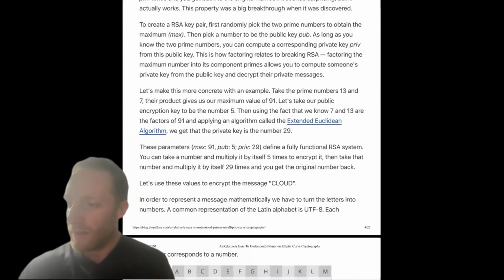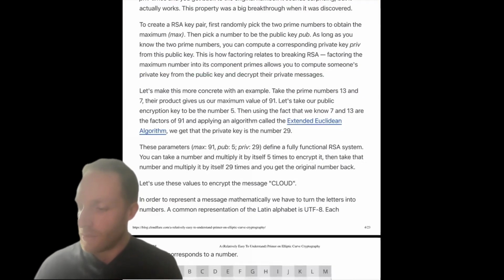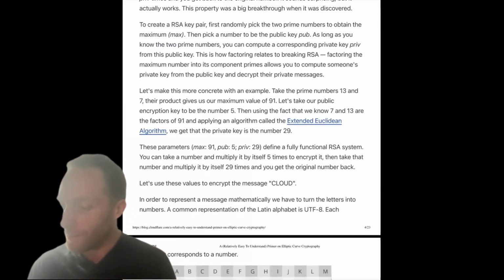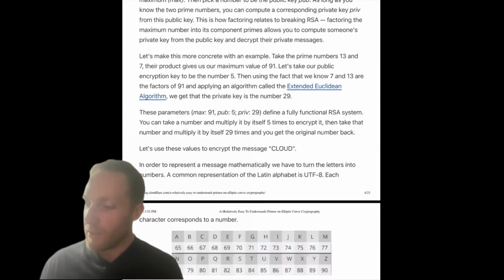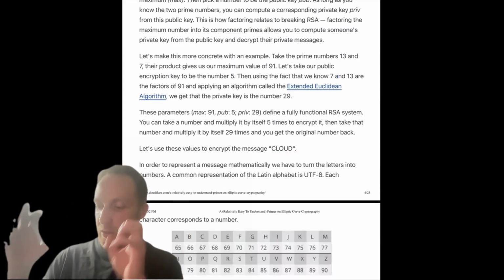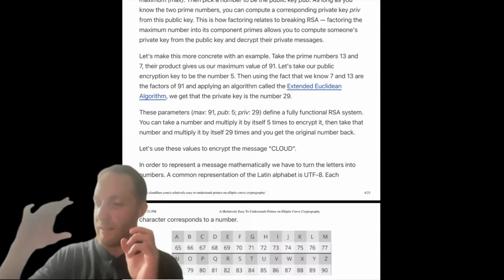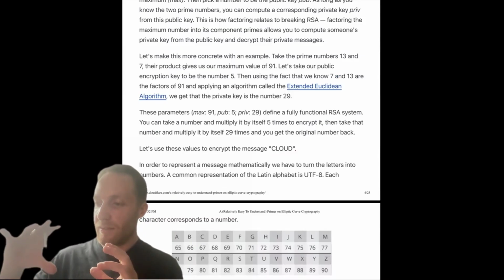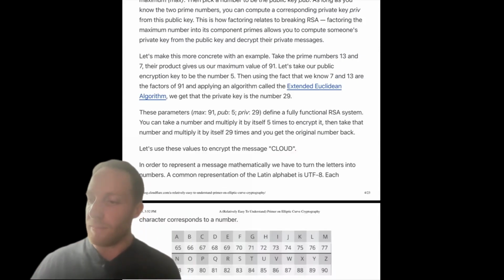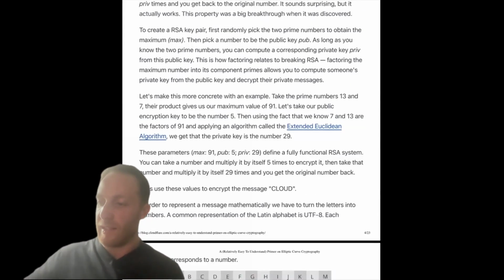I do think if you've never seen any of this, it's worth going through the example. He just takes a message, UTF-8 encodes it to go into a number space, and then he shows how, once you've transformed it into a number, you can go ahead and encrypt and decrypt it.